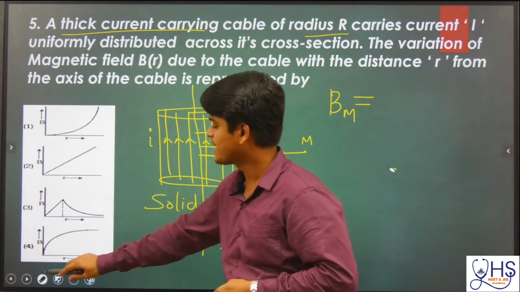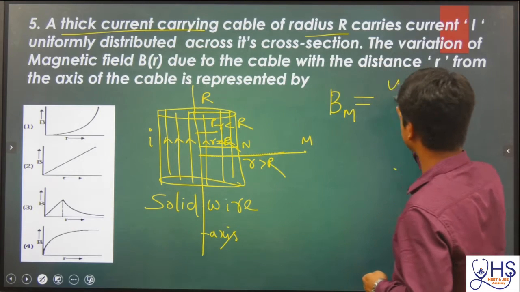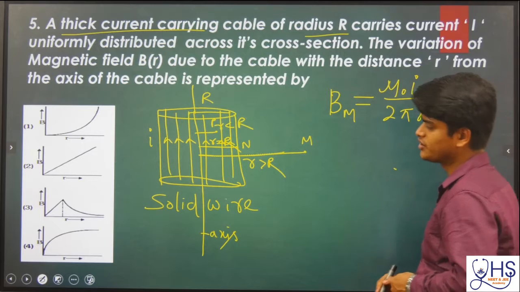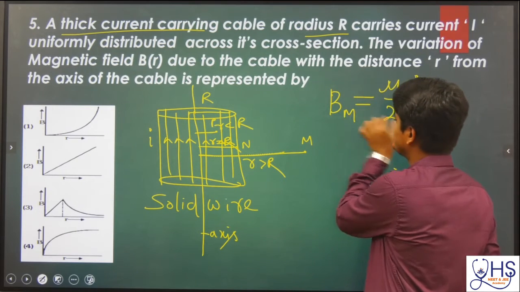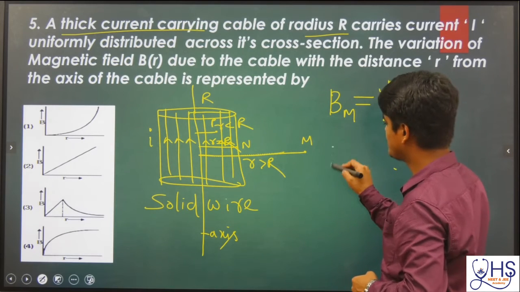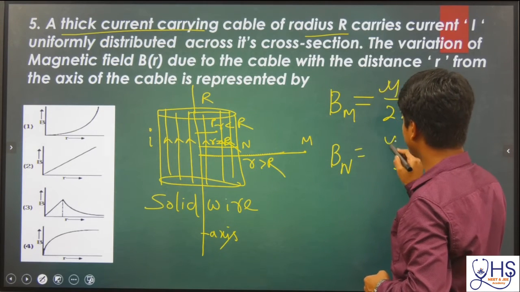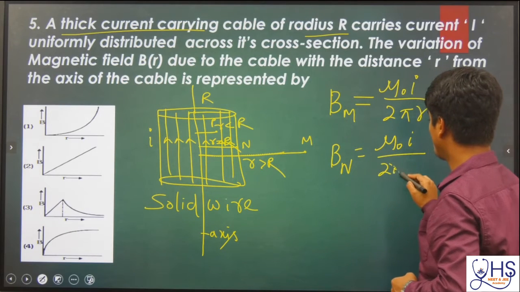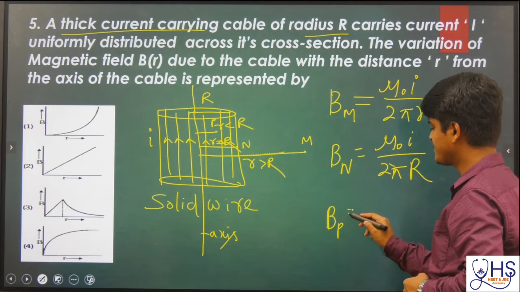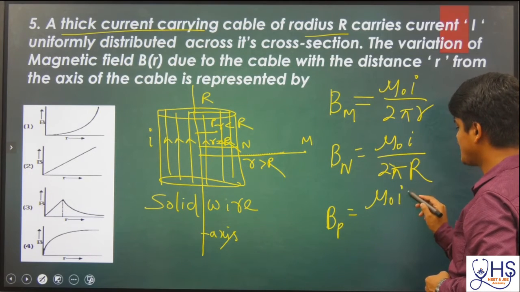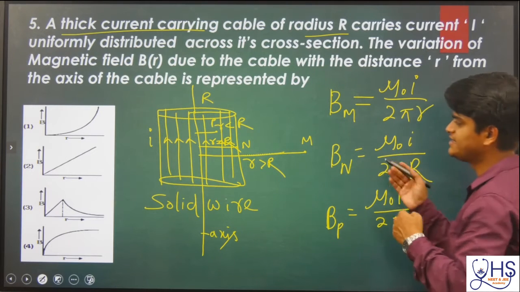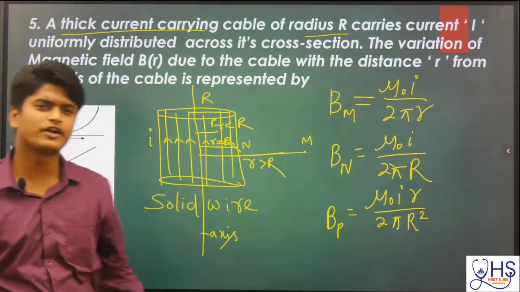Outside, it is mu naught I by 2 pi r, so the magnetic field varies inversely with the distance r. On the surface it will be mu naught I by 2 pi R, and inside it will be mu naught I r by 2 pi R square. If you remember these 3 formulas, inside, outside, and on the surface, then you can immediately draw this graph.